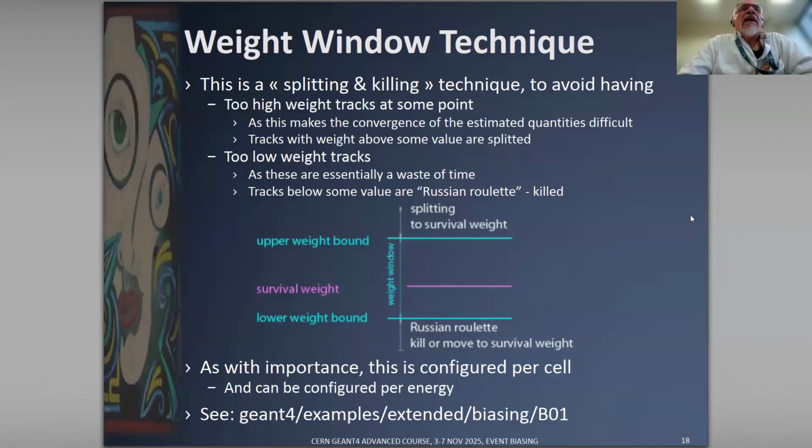Weight window technique. The weight window technique is a splitting and killing technique which has been invented by the MCNP people, again. It is to control the range of weights which are going through your simulation. The aim of the weight window is to avoid having too high weights at some point. When you have very high weights, as I showed before on the graph, you may have problems of convergence.